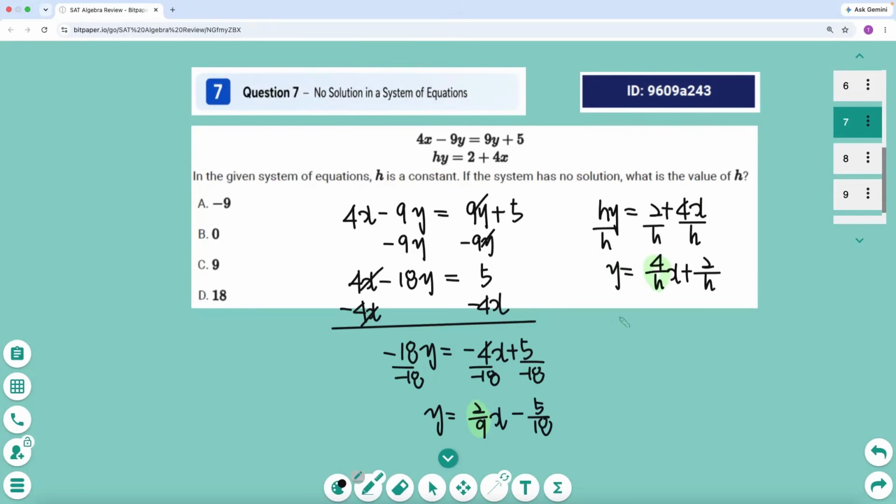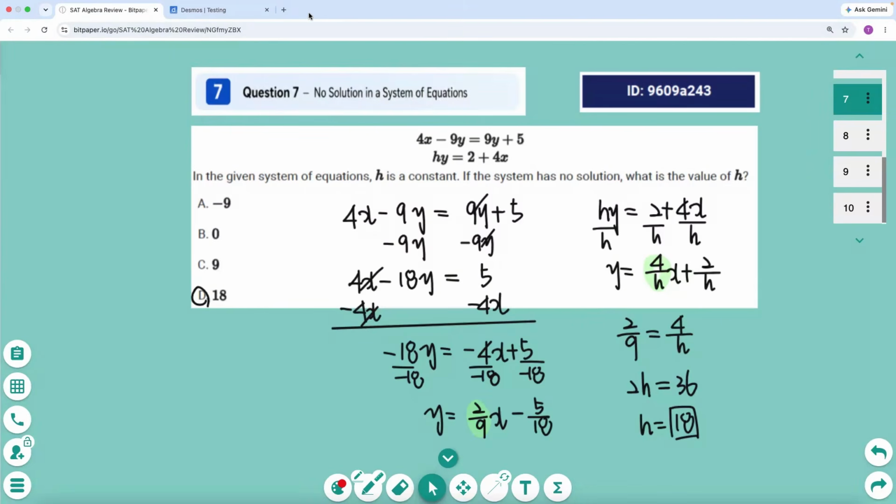Since the lines are parallel, set their slopes equal: 2 over 9 is equal to 4 over h. Using cross multiplication, 2h is equal to 4 times 9, which is 36. So h equals 18. Therefore, choice D is the correct answer.